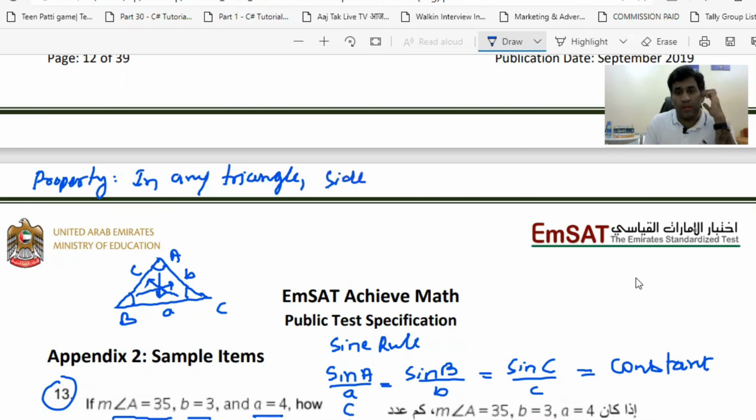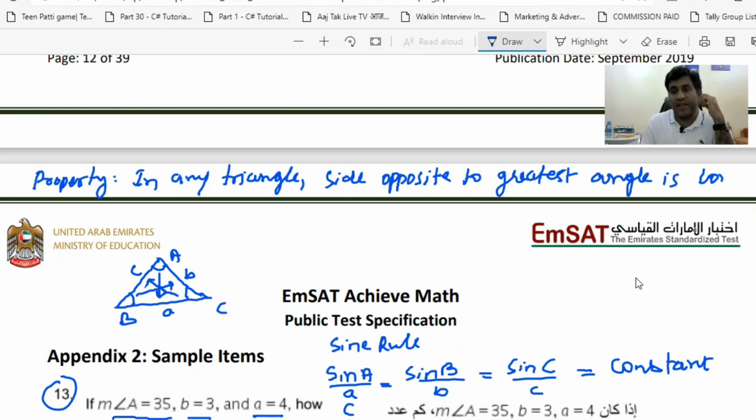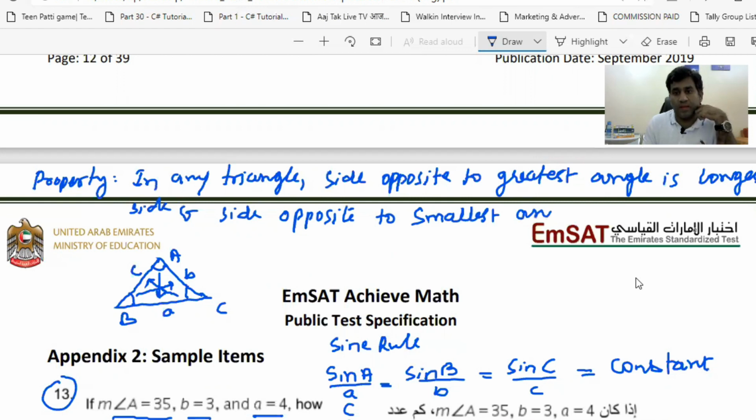side opposite to the greatest angle is the longest side, and the side opposite to the smallest angle is the shortest side.